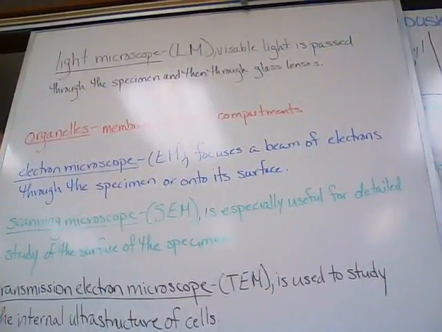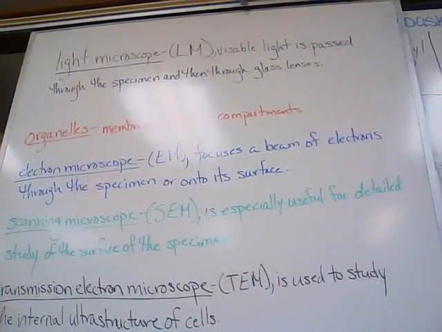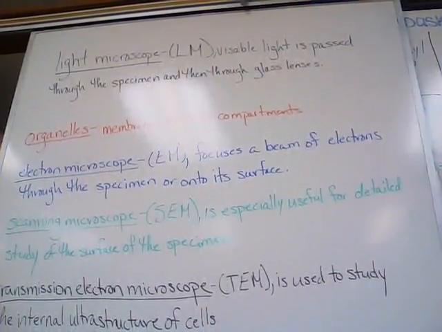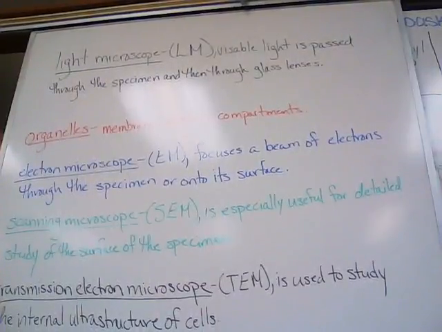For example, biochemical tests showed that one of the cell fractions produced by centrifugation included enzymes involved in cellular respiration. Electron microscopy revealed that this fraction contained large numbers of the organelles called mitochondria.